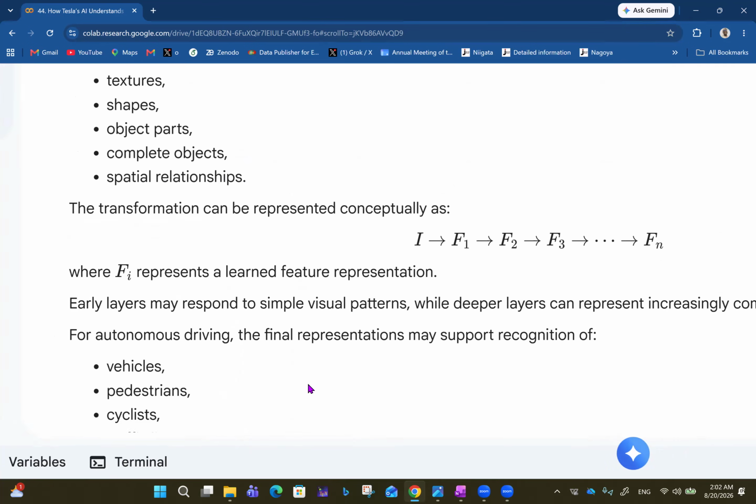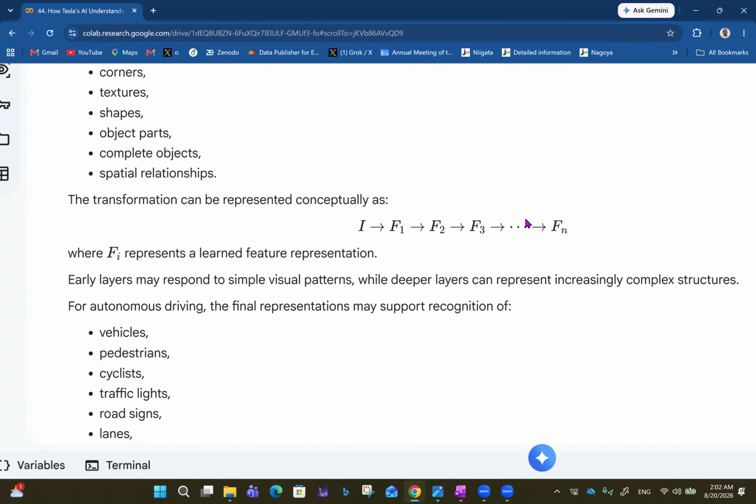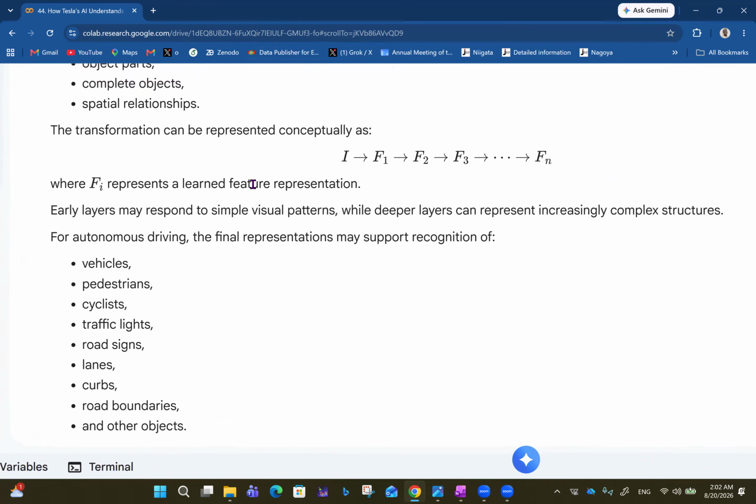The transformation can be represented conceptually as I going to F1 to F2 to F3 all the way to Fn, where Fi represents a learned feature representation. Early layers may respond to simple visual patterns, while deep layers can represent increasingly complex structures.